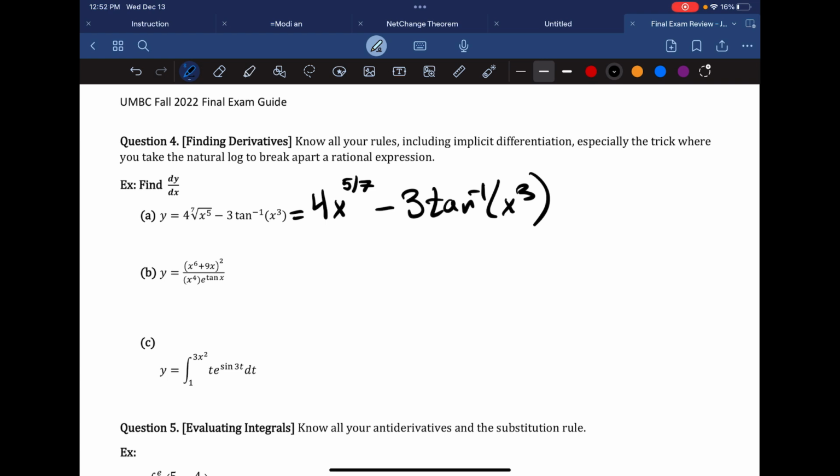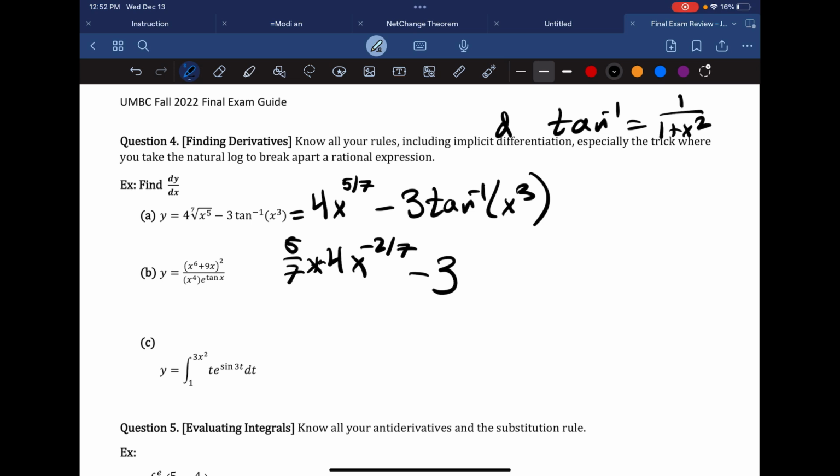So in a power rule, we multiply by the power, so 5/7 times 4x, and then we drop the power by 1. So 5/7 minus 1 is negative 2/7. And then over here, that 3 is going to stay the same, and the derivative of tan inverse is 1 over 1 plus x squared.